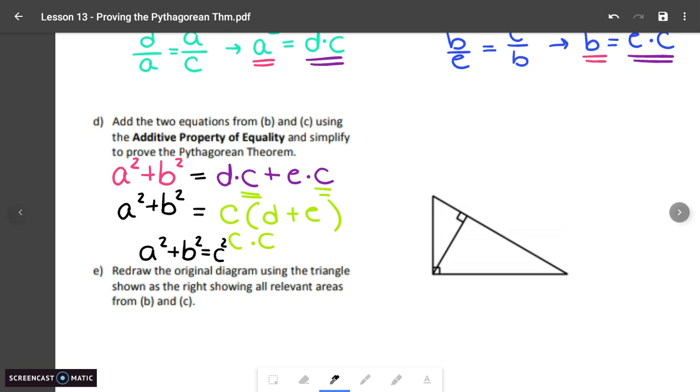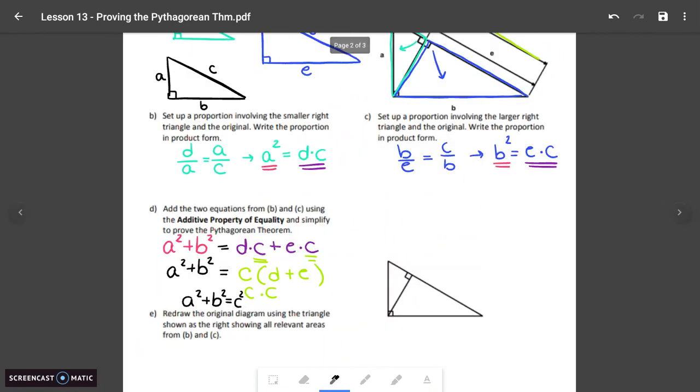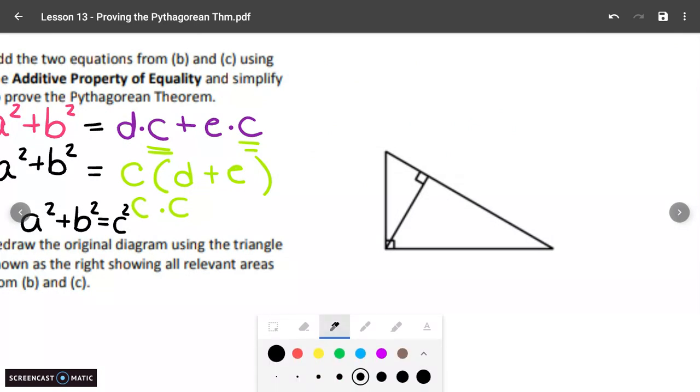So that original diagram before, remember, we know from what we did back here, we know we have A squared and B squared, but let's see how C squared's broken up a little bit here.